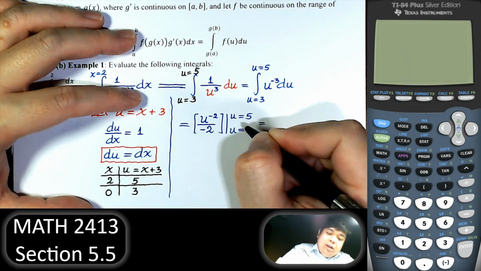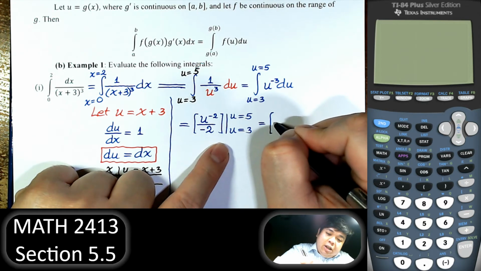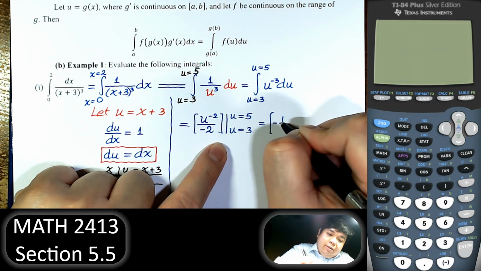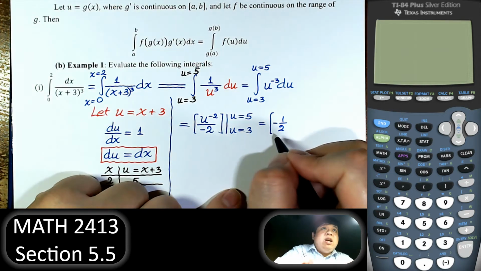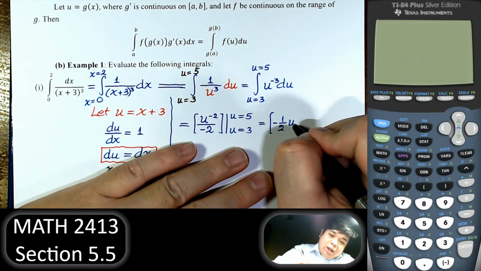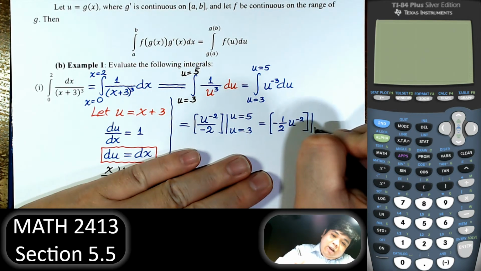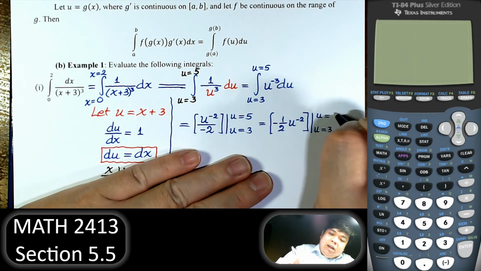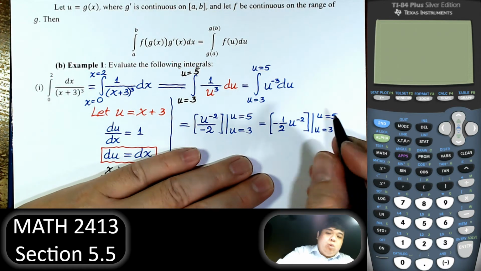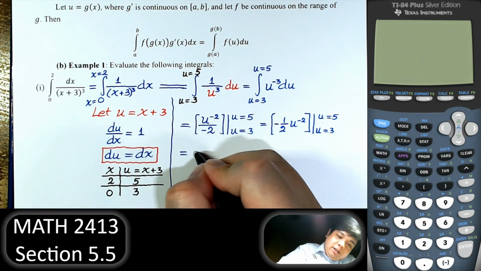So let's just say, instead of that, I will write -1/2, right? Divide by -2 at the bottom, flip, it becomes -1/2, and then u to the -2. Once again, evaluate from 3 to 5. If it is clear, we can just say from 3 to 5 without writing u equal to 3 and u equal to 5.